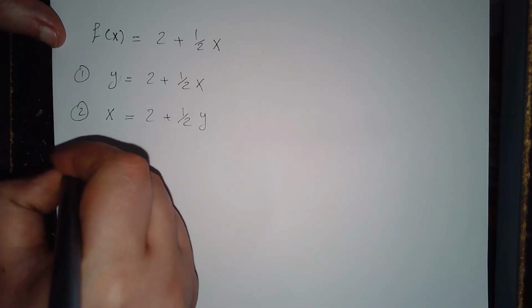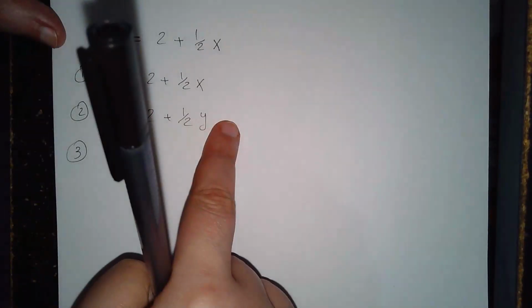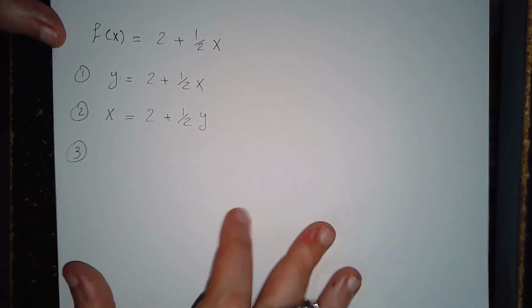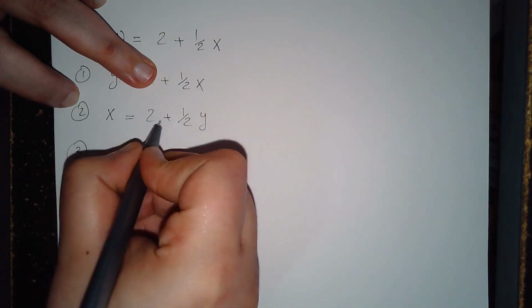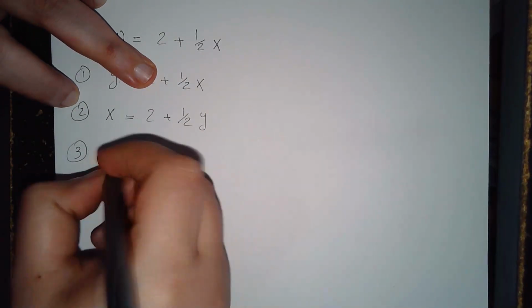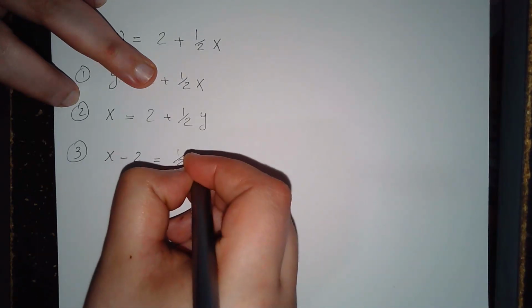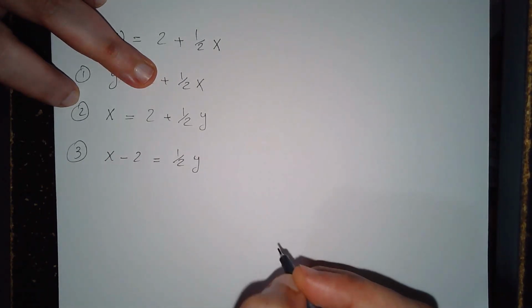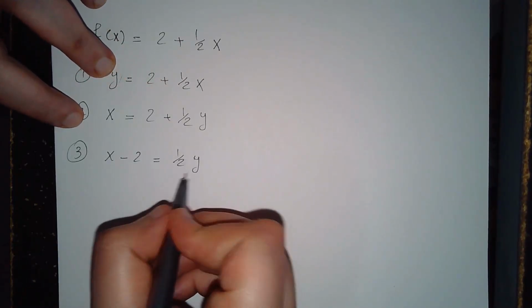Now step 3, I need to solve for y. It's on this side. I need to get rid of everything that you have on the y side and move it to the x side. Alright? So, easiest one would be the addition over here. So I'm going to move it to that side. And you end up with x minus 2 equals 1/2 y. Right? Now, the 1/2, how do you get rid of it?